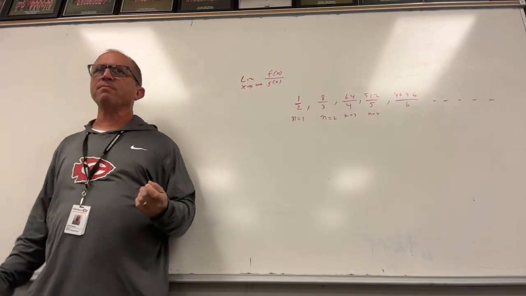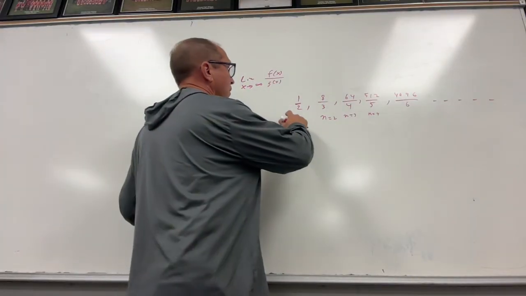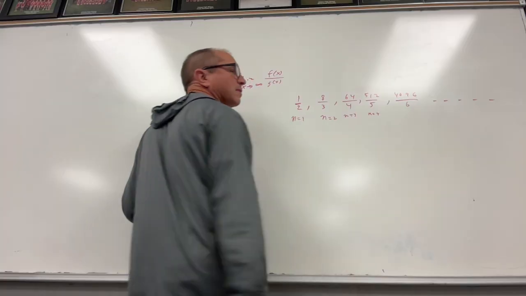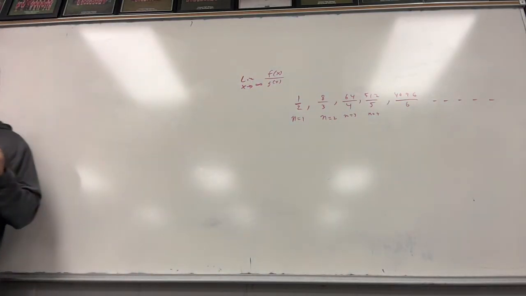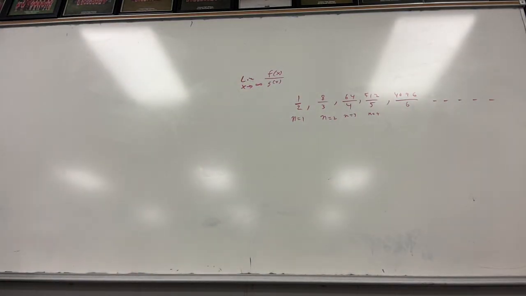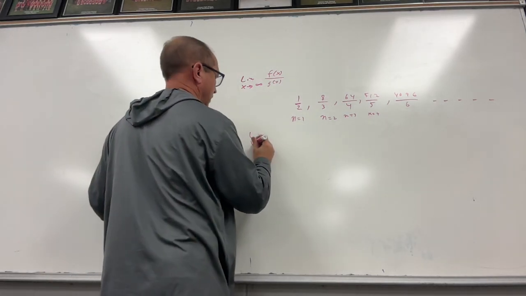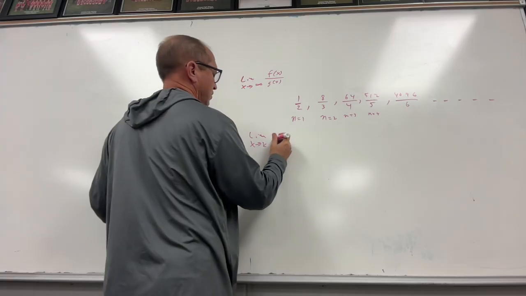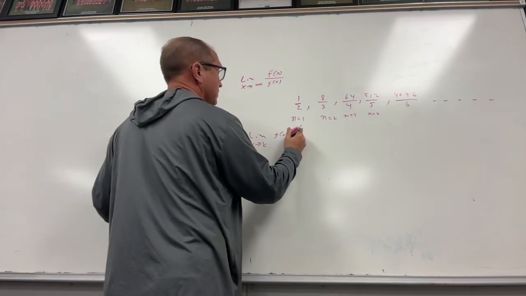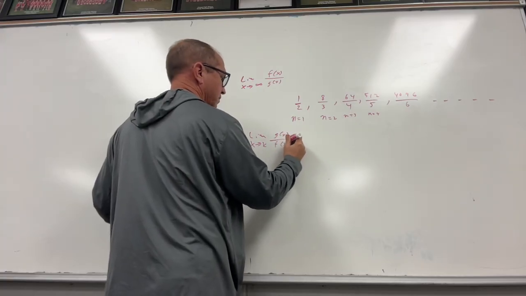Infinitely large, right? How big will g of x eventually get? Infinitely large, right? So they're both getting infinitely large. Well, I'm going to take this same expression here, except turn it into g of x over f of x.